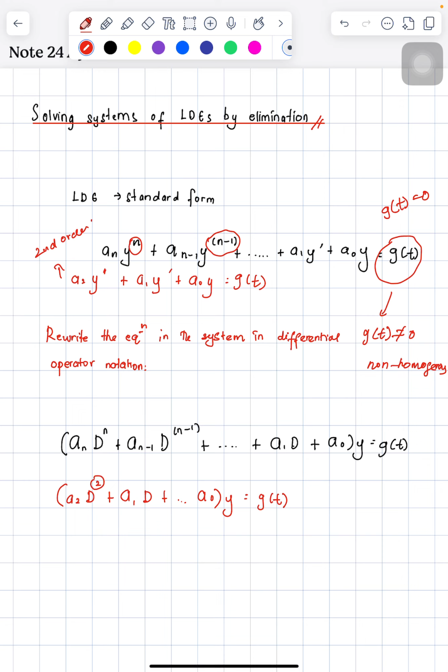So the power here shows the order of derivative.